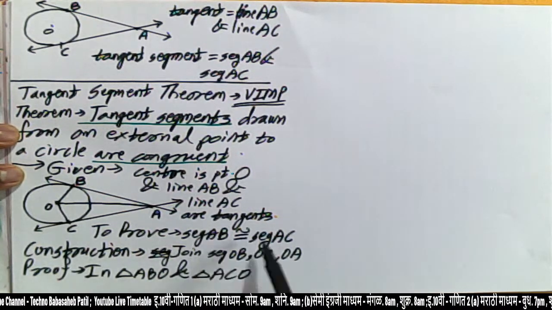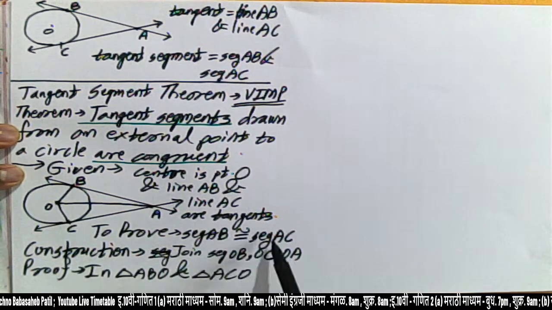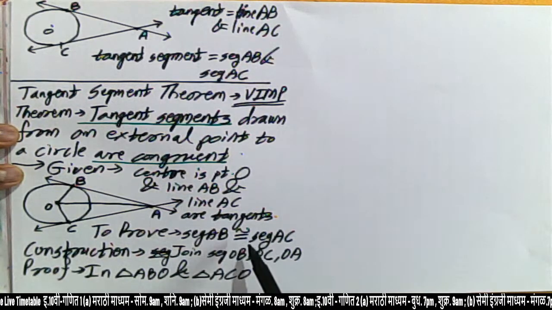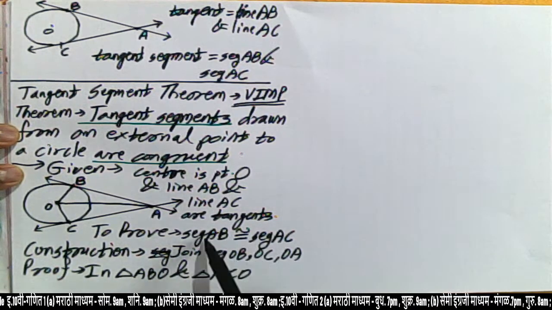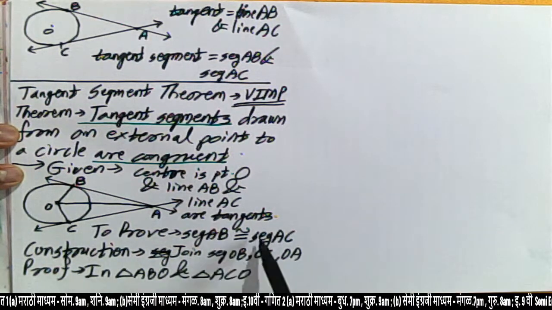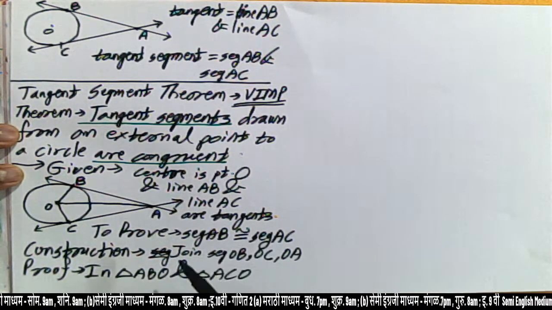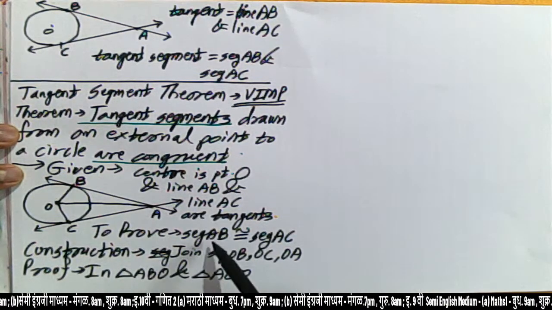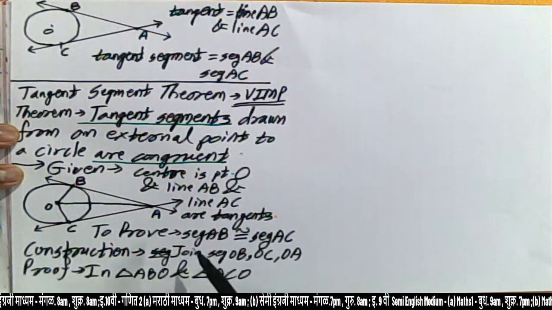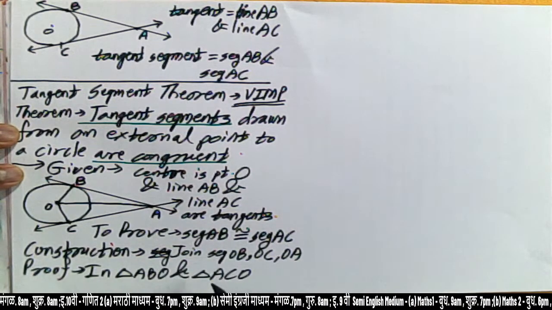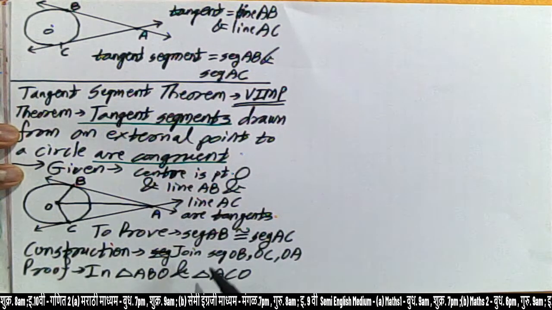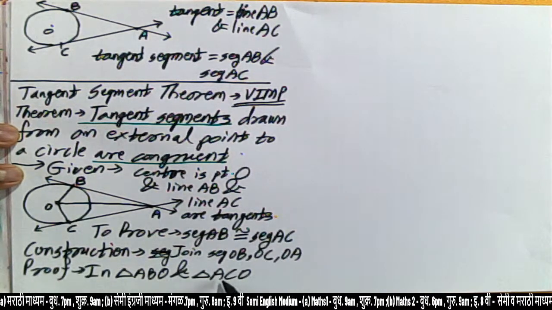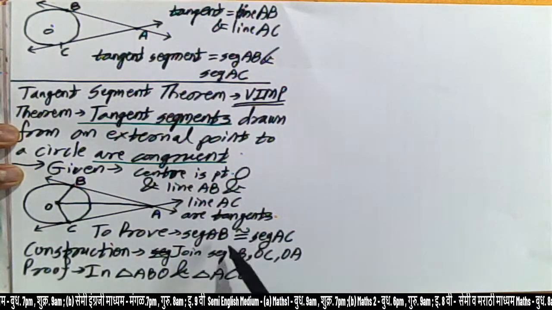When can we say that sides are congruent? If two triangles are congruent, then corresponding sides are congruent. For that purpose we show two triangles congruent.